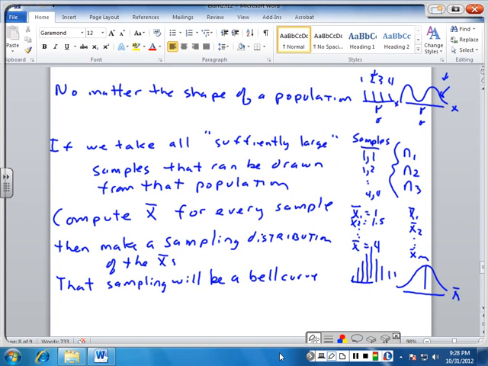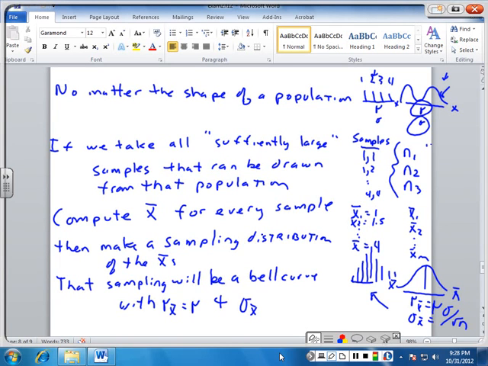That sampling distribution will be a bell curve with the mean of the sampling means. This is the distribution of x bars. The mean of that distribution is going to equal the same as the population mean, and the standard error of this distribution, I could have written this over here as well, is equal to the population standard deviation, this one, divided by the square root of n, whatever our sample size was.